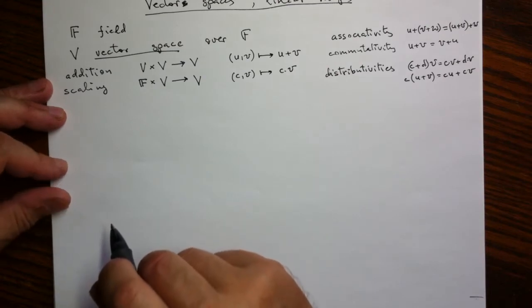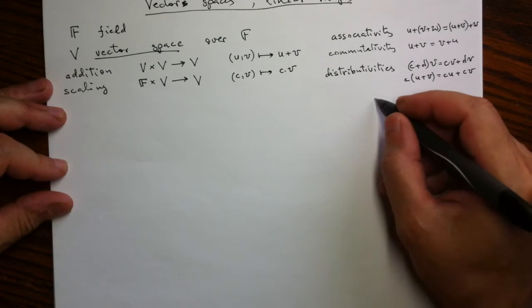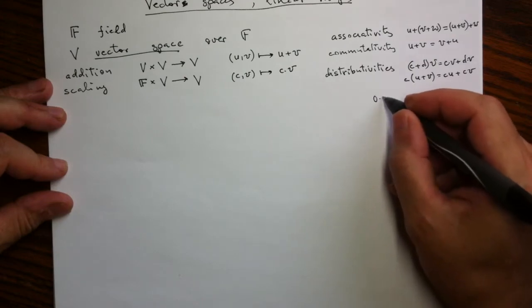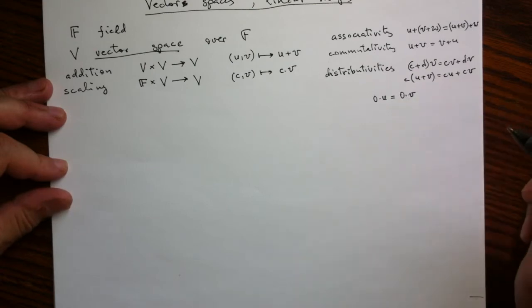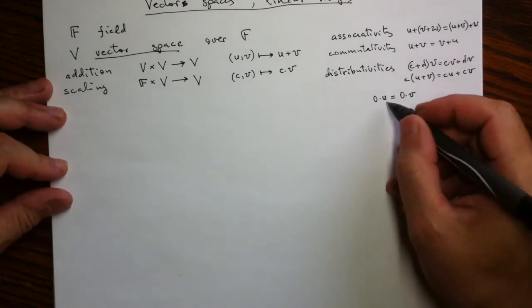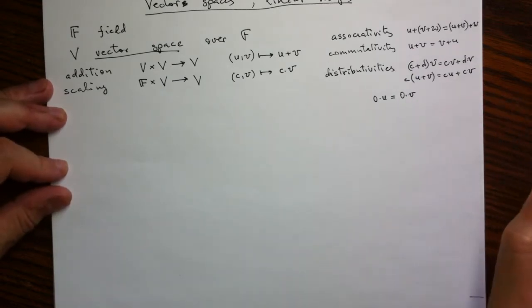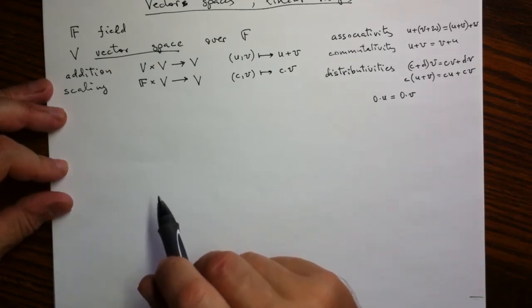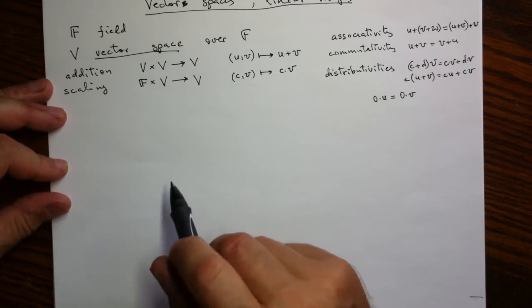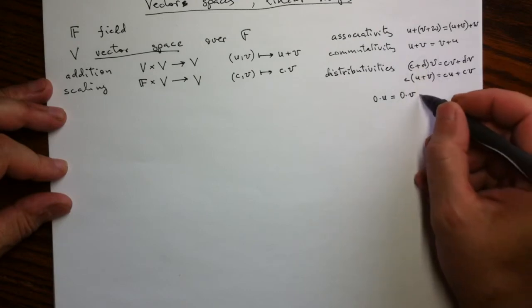The last property which will make it a vector space is the one which says that the zero scalar multiplied with any vector is equal to the zero scalar multiplied with any other vector. It doesn't matter what I choose as u or v. For all such choices, the result is the same, and I call it the zero vector.